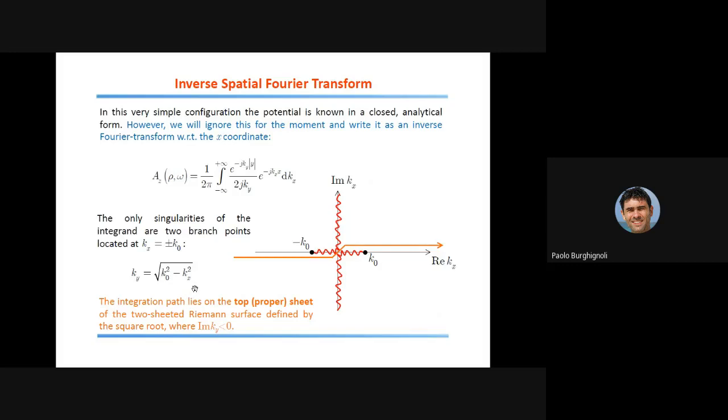This square root function has two possible determinations, so we choose to integrate on the top Riemann sheet, which is characterized by the imaginary part of ky being negative, so that the radiation condition at infinity is satisfied. And the wiggly lines in red are, as usual, the Sommerfeld branch cuts that separate this top Riemann sheet from the bottom Riemann sheet. So our Riemann surface is the union of two complex planes, the top sheet and the bottom sheet, okay?